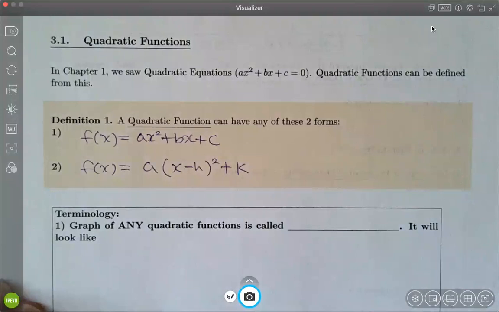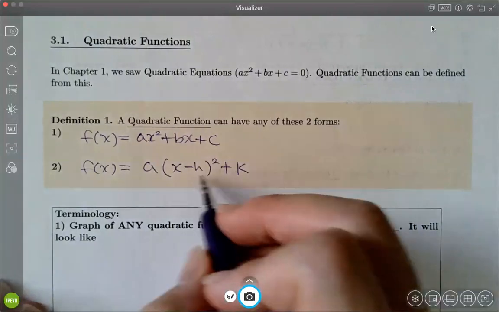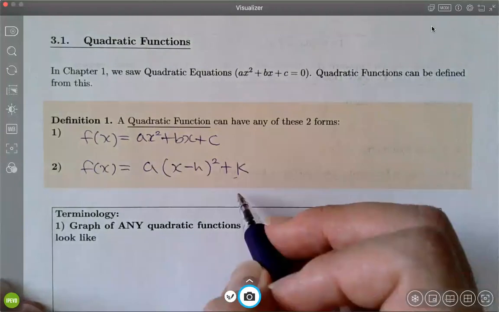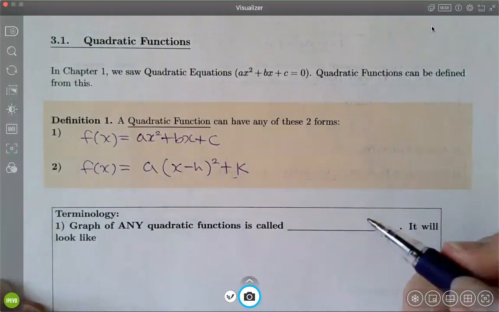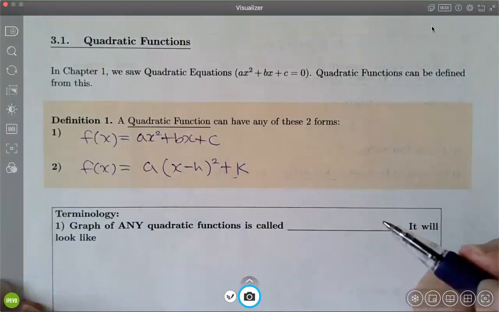Okay, now here, h and k, we have seen h and k before, from the center of the circle, but there's no circle here. And yes, I know it's kind of a bad representation, but that's how the textbook does it, which is bad. So it's a times x minus h squared plus k, okay?